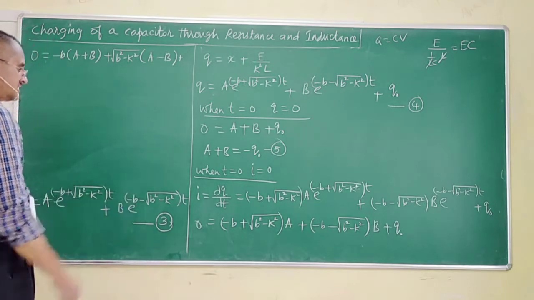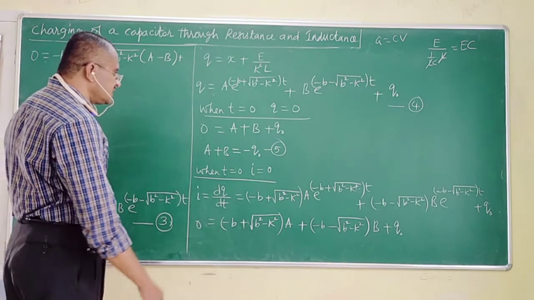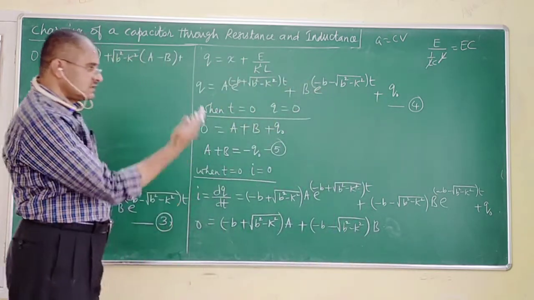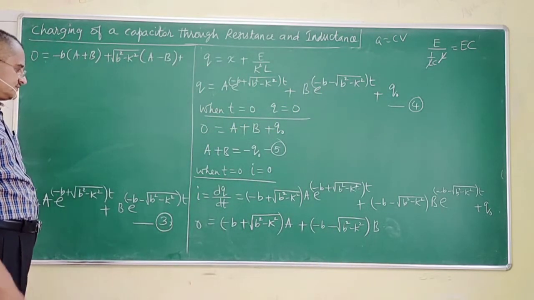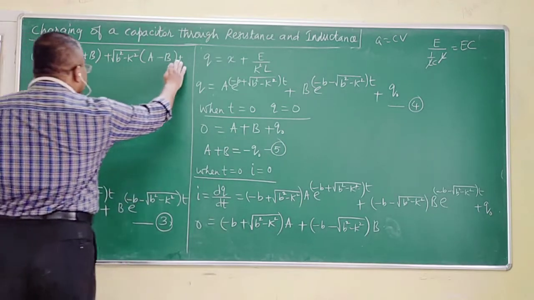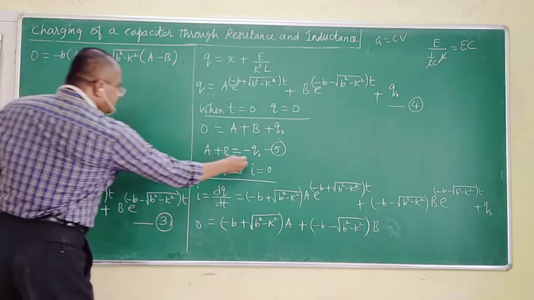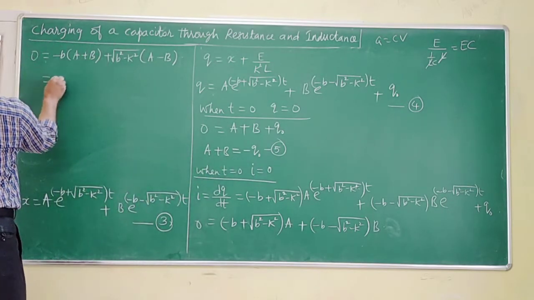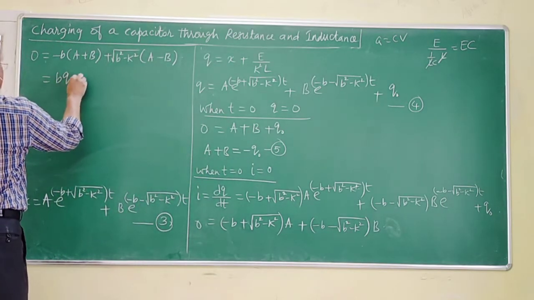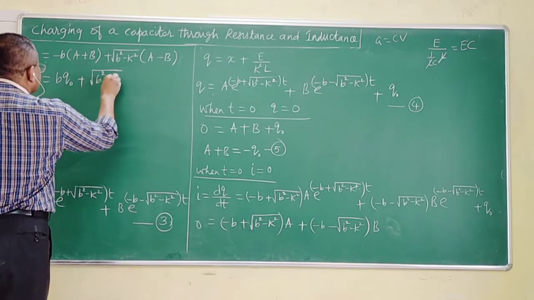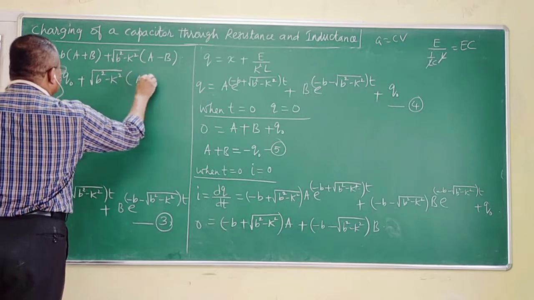No, I have to differentiate now. If I differentiate a constant, how will I get this constant? It will be 0. A constant, if it is differentiated, is 0. This is the equation. Therefore, there is no question of plus q naught here. Now, a plus b is minus q naught. Minus of minus plus q naught plus root of under root of b squared minus k squared into a minus b.